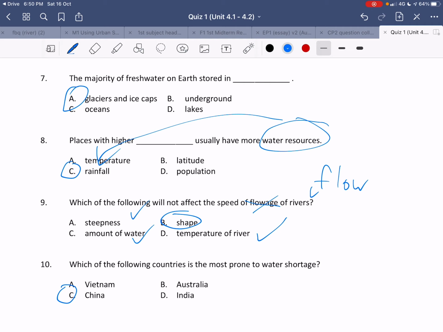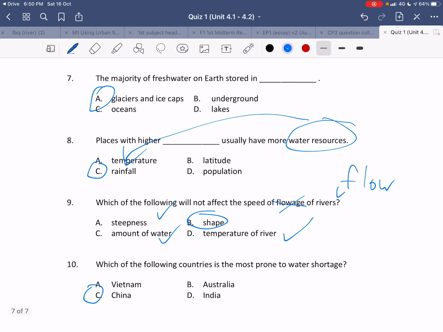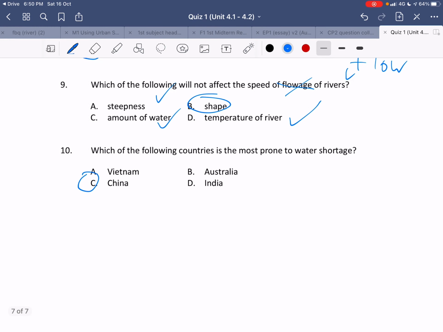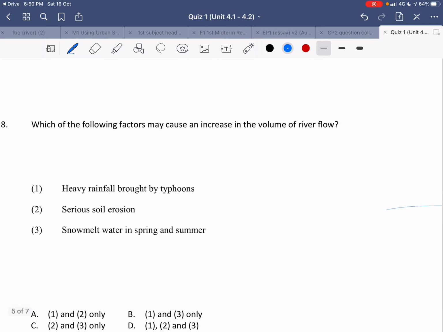The per capita water resource of China is much lower than Australia's, although Australia, you may know, is the driest region. Accordingly, the answer should be C.